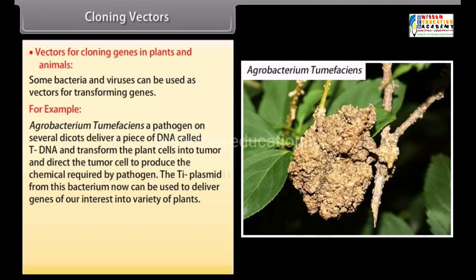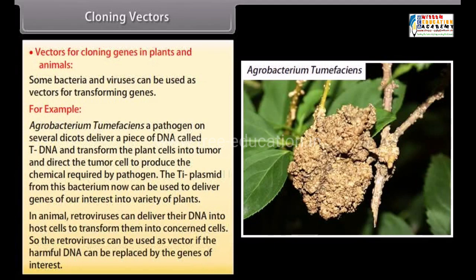The Ti plasmid from this bacterium can now be used to deliver genes of our interest into a variety of plants. In animals, retroviruses can deliver their DNA into host cells to transform them into cancerous cells. So, the retroviruses can be used as vectors if the harmful DNA is replaced by the genes of interest.